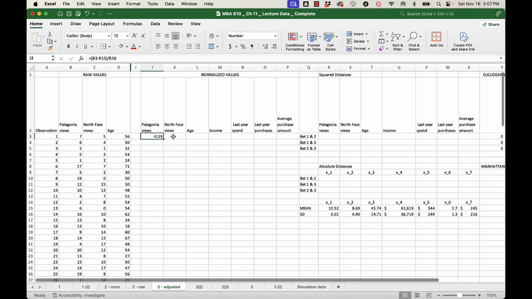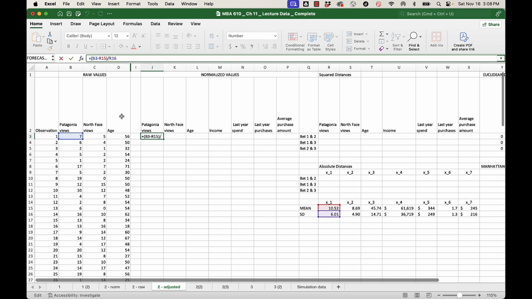I want a value like this for every observation, for every variable in this data set. R will do it very quickly, but if I'm going to do it in Excel, what I want to do is always reference the variable in my row. So I want to reference Patagonia, and when I drag this over, I want it to stay referencing row 3, but I want to divide it by Patagonia's mean and Patagonia's standard deviation.